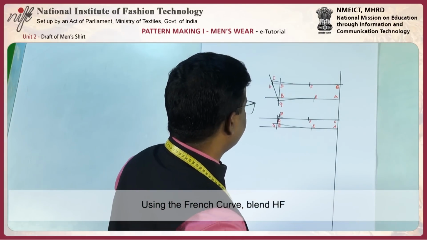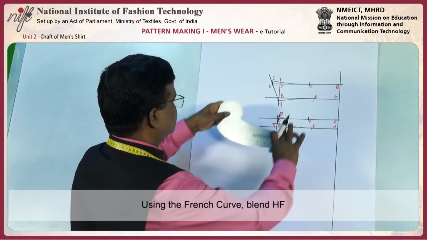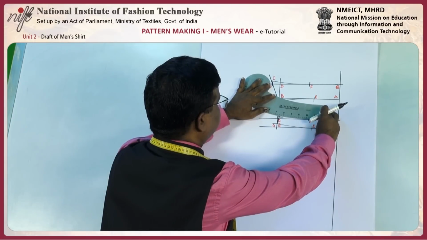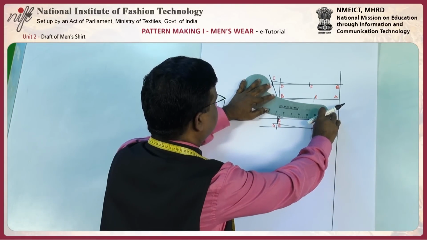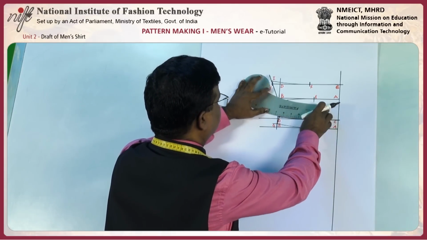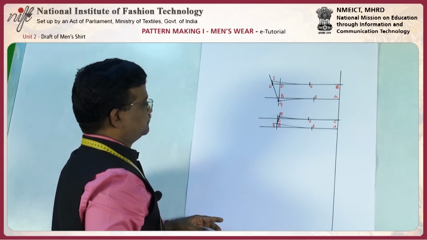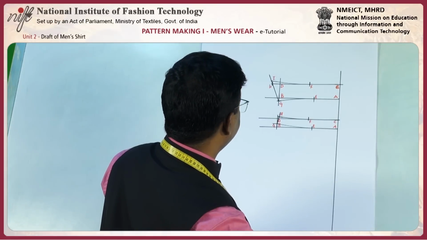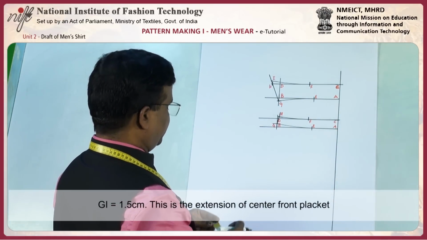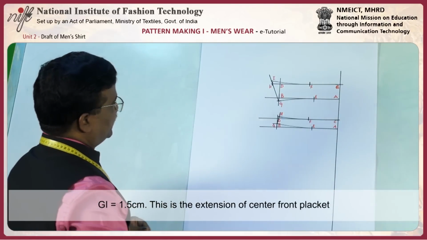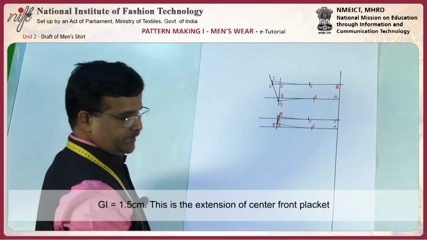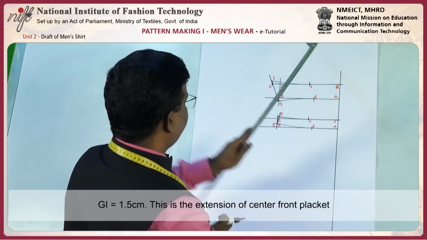Blend H and F with the French curve. G to I 1.5 centimeter, which is extension of center front placket.